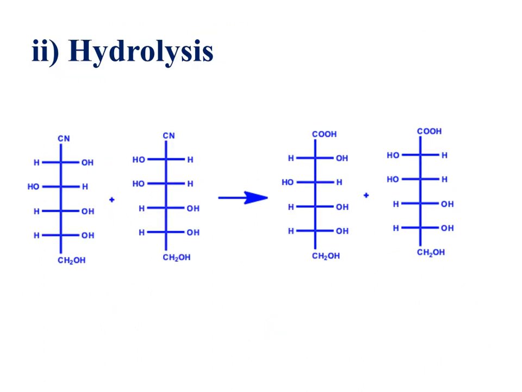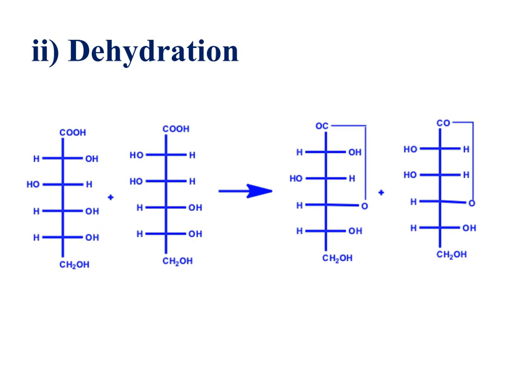In the second step, the cyanohydrins that were formed undergo a hydrolysis reaction. In this hydrolysis reaction, the cyano group is converted into a COOH group, and both diastereomers are converted into their corresponding carboxylic acids. After formation of the carboxylic acid, the next step is a cyclization reaction. Both diastereomers undergo cyclization here, and we can take this as alpha carbon, beta, gamma.